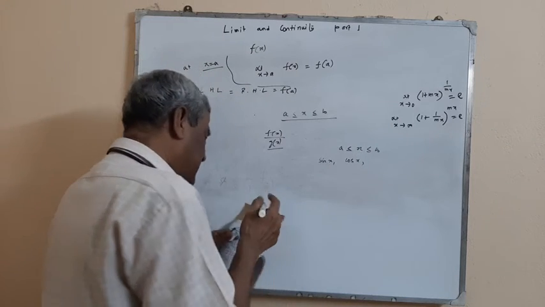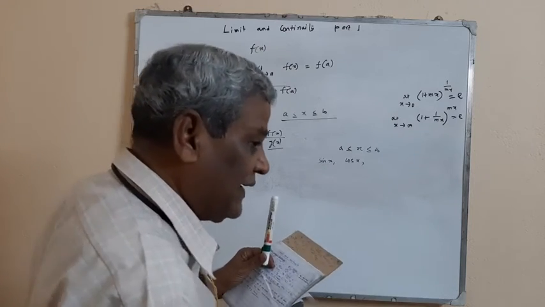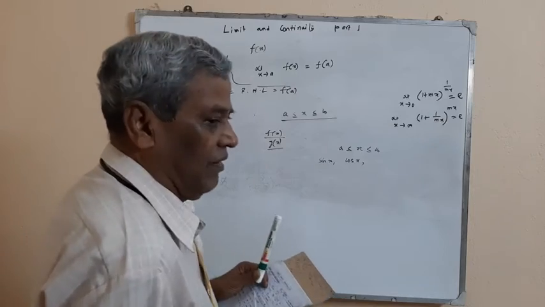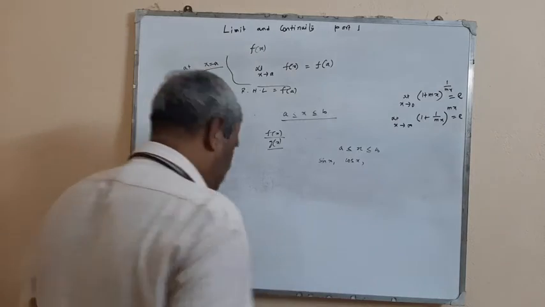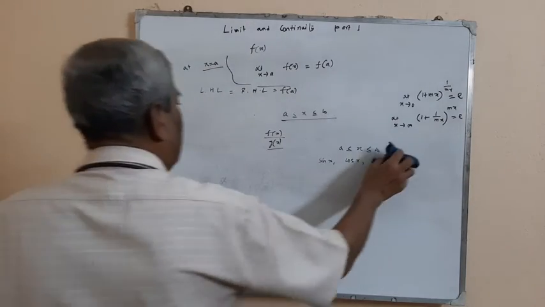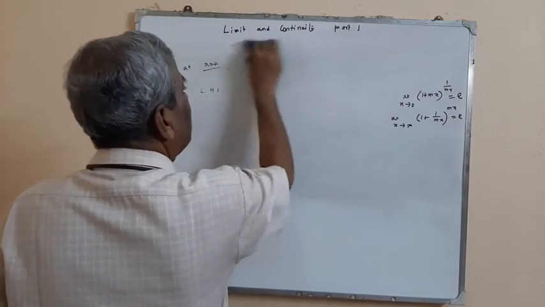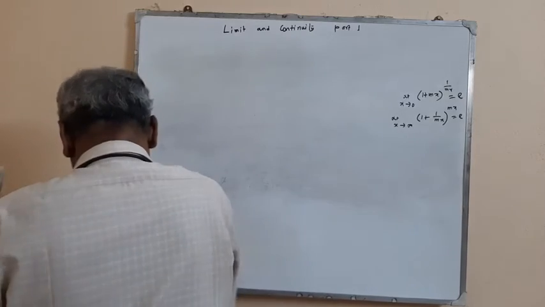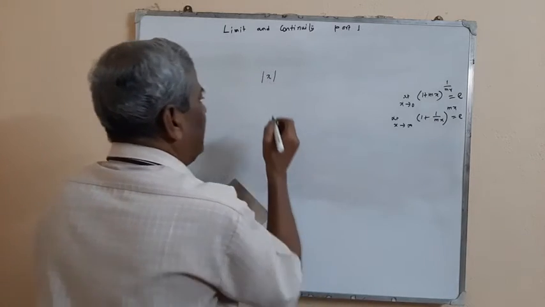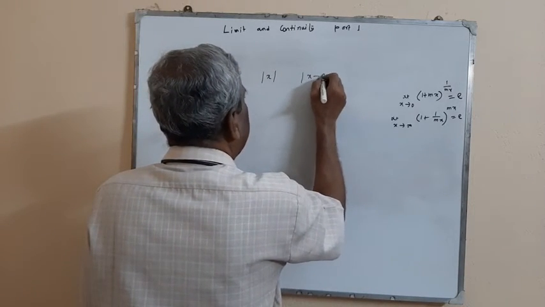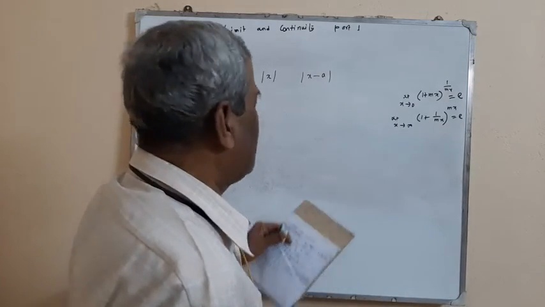Actually, if a function is finite and real, then we can say that the function is continuous over the interval. The mod function, mod x, is continuous everywhere. Mod of x minus a is continuous at the point a and everywhere continuous.